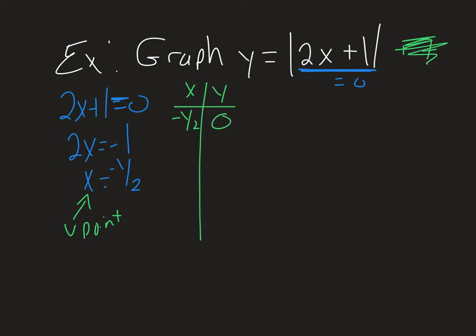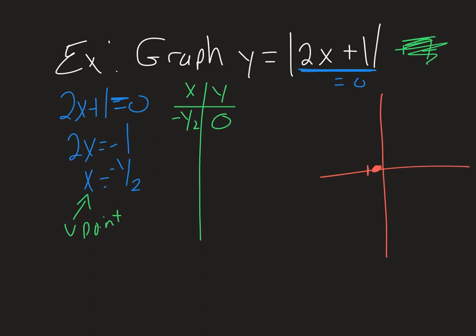If I plug it in, I get 2 times negative 1 half, which is negative 1, plus 1 makes 0. Therefore, the y-coordinate is 0. That's my V point, and I'm going to go ahead and plot that point, negative 1 half and 0. I know that it's going to bend at that point.